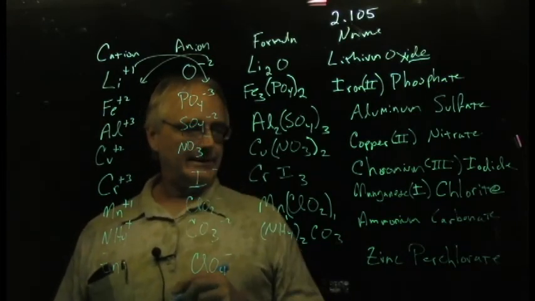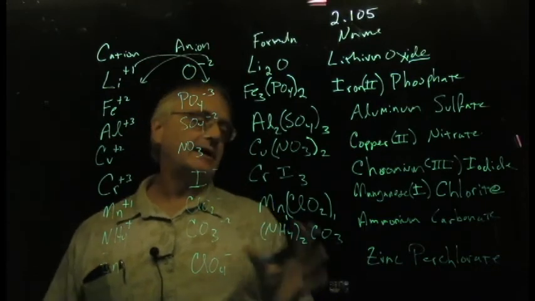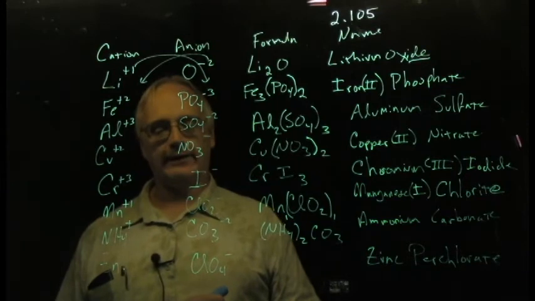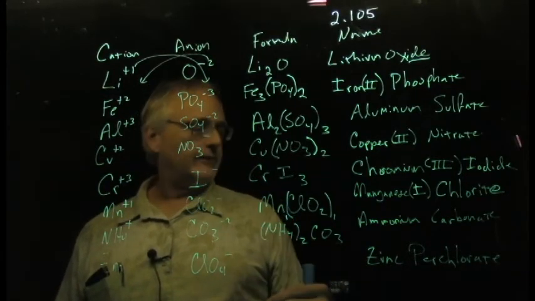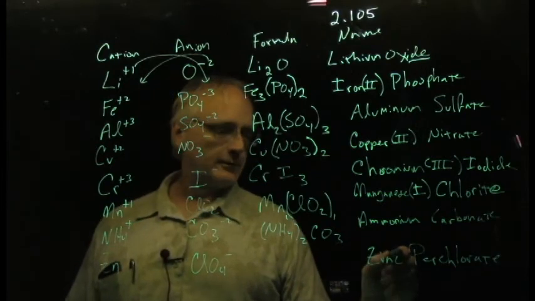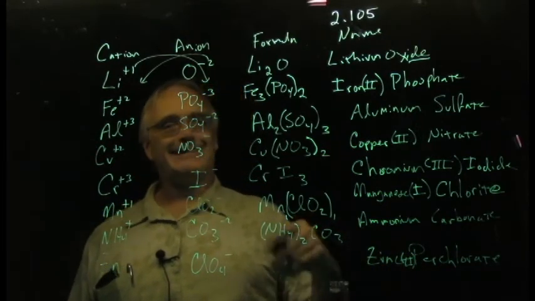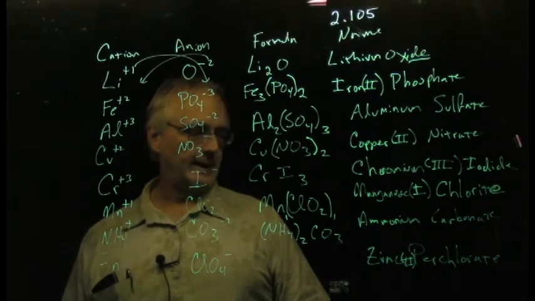Okay. Now, looking at the formula here, I kind of wish the textbook were a little more consistent about it. Technically, I would have preferred it if they had written zinc 2 perchlorate. Okay, in that zinc is at the end, but it is in the transition metal series, and we usually try to use Roman numerals for them.